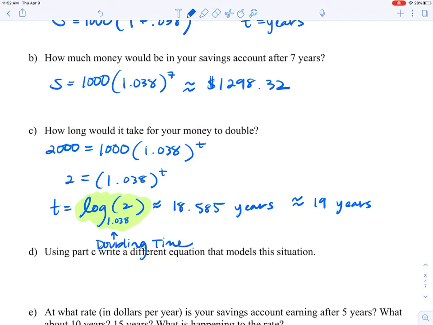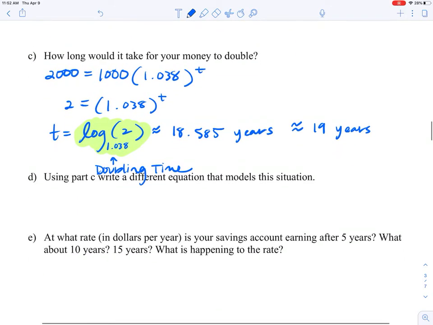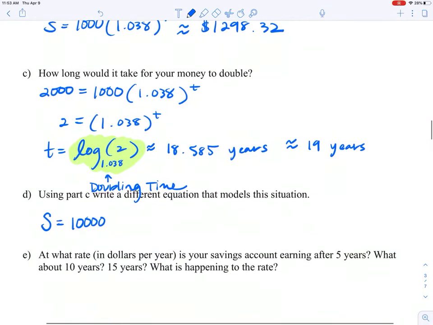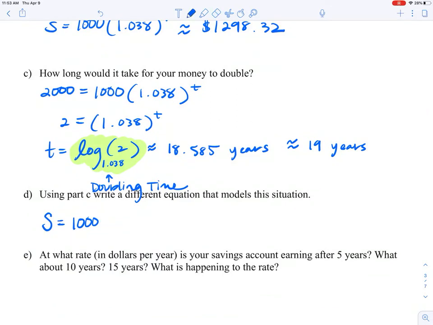So part D says, using part C, write a different equation that models this situation. So since we know how long it takes for our initial amount of $1,000 to increase 100%, we actually know the doubling time, and we can write our equation with the same initial amount, it's 1,000, sorry, not 10,000.